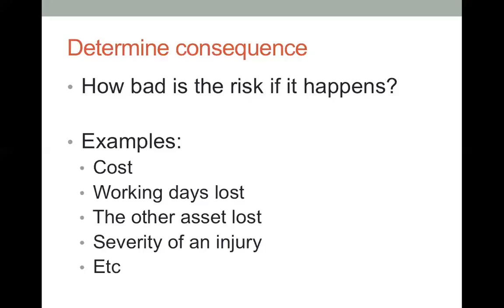Now, consequence represents how bad the risk is if it happens. In the case of likelihood, we are trying to estimate the chance of that risk event to occur, so that our objective achievements will be affected. From the consequence perspective, we talk about how bad it is if it is happening. How bad it is can be expressed in terms of costs to the business.